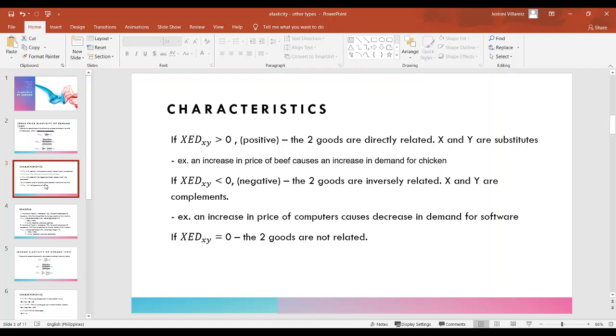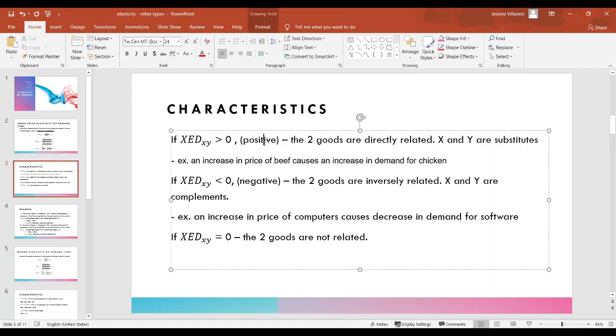So let's say our XED is greater than 0, or if it's positive, then we can say the two goods are directly related. They are substitute. So substitute meaning that if the price of good X will increase, the quantity demanded for good Y will also increase. If your XED is negative, then the two goods are complements.